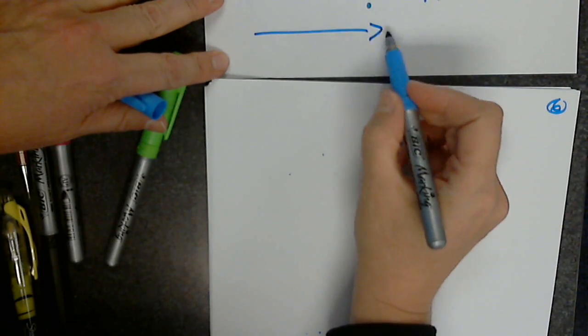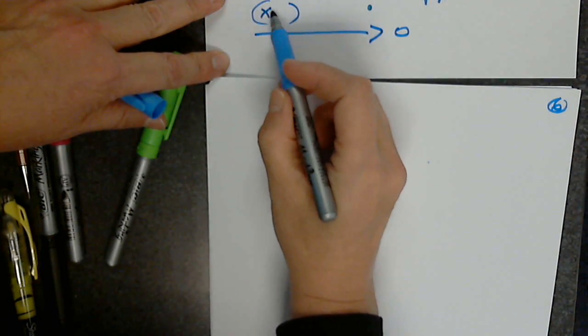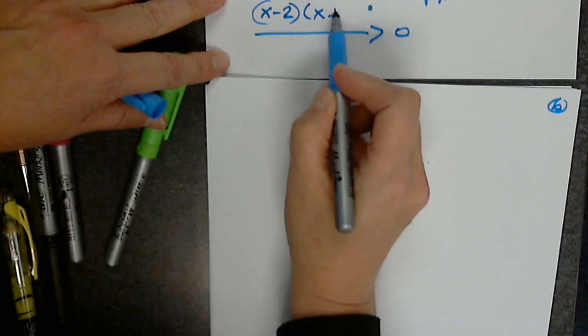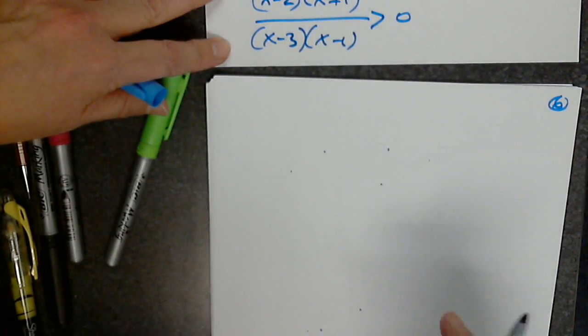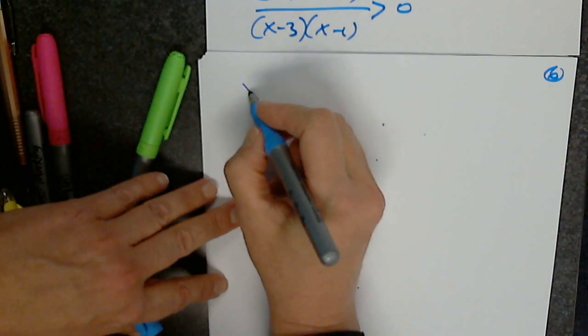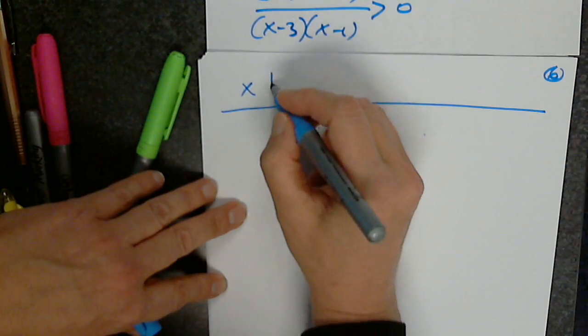Exactly. I have 0 on one side, and I have a ratio, but I also have to have the factored form. So, very good. So what will you say? X minus 2, x plus 1. And you said x minus 3 and x minus 1. I agree. So therefore, now this is ready.